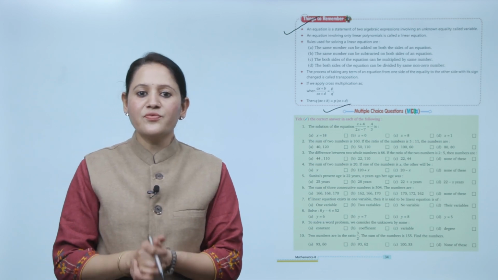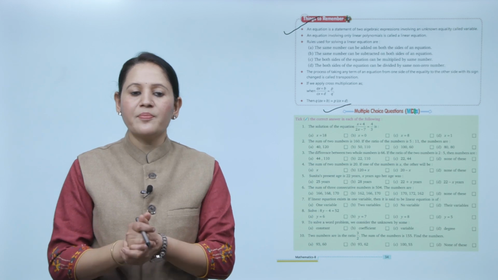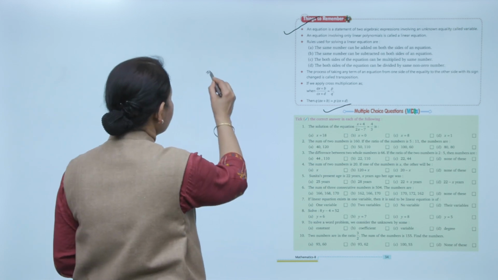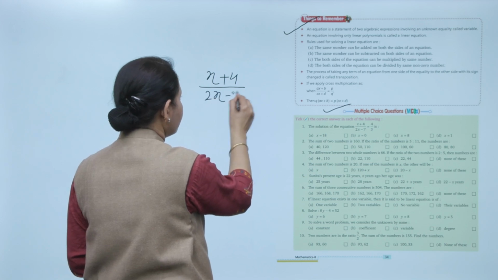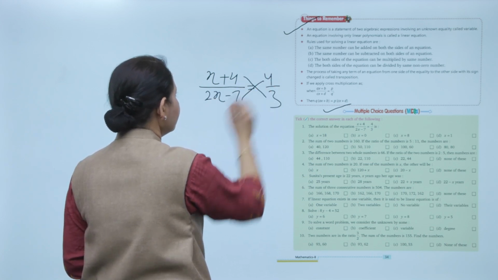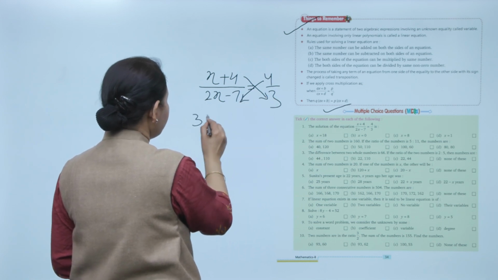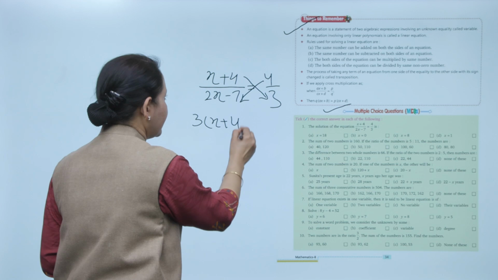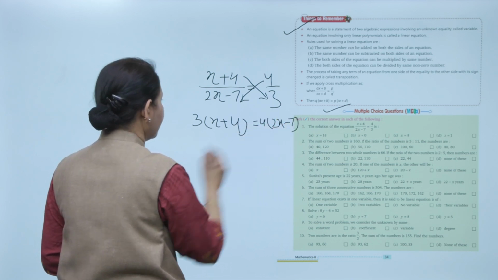First, the solution for the equation (x plus 4) upon (2x minus 7) equals 4 upon 3. So, this equation is, here we will do the cross multiplication. 3 multiplied by (x plus 4) equals 4 multiplied by (2x minus 7).